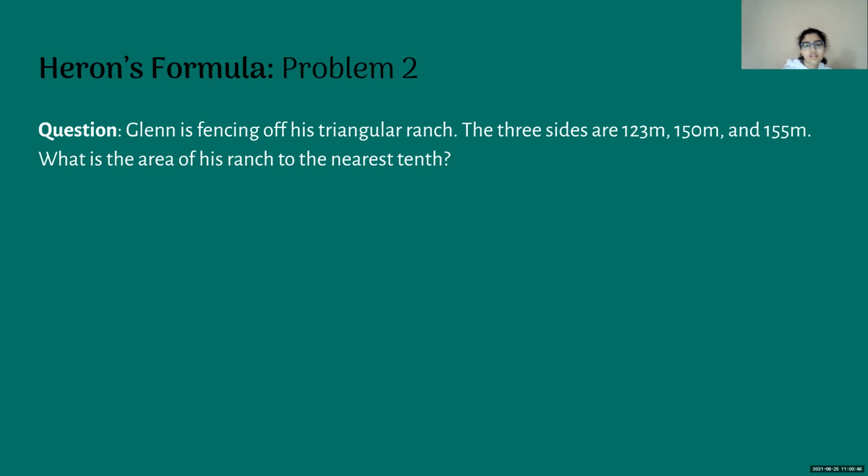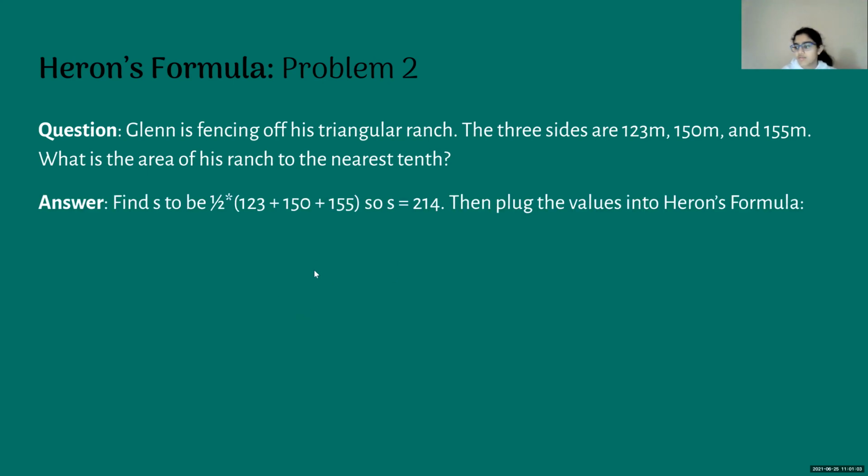Okay. So I see 2 people have answered. So far this is the score. Okay, so the area of the range to the nearest tenth is 8575.2, right?